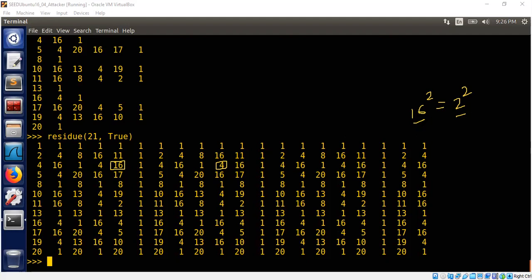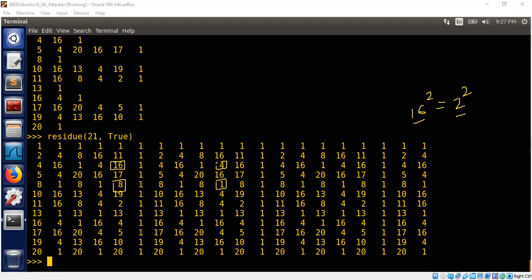Remember the previous segment, we talked about that. There may be cases where you don't have to only focus on finding square roots of 1. Here, for example, 8 is a square root of 1 in mod 21, and 16 is a square root of 4 in mod 21, because 16 square gives you 4.